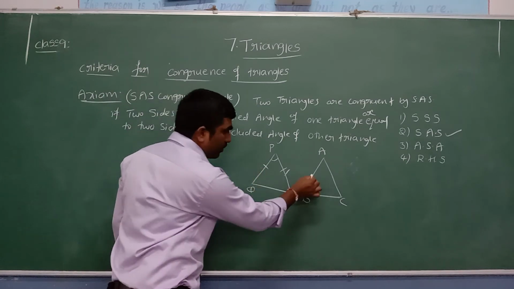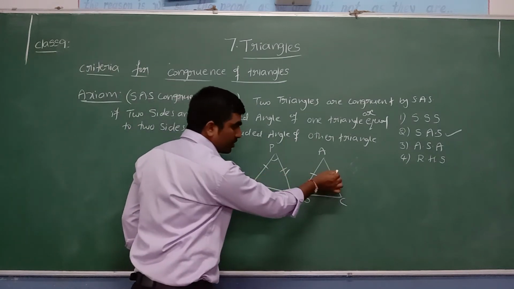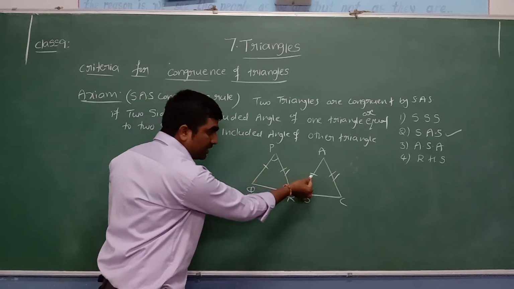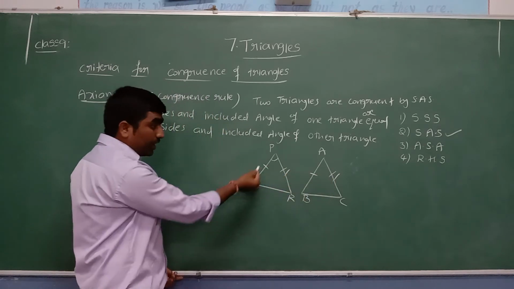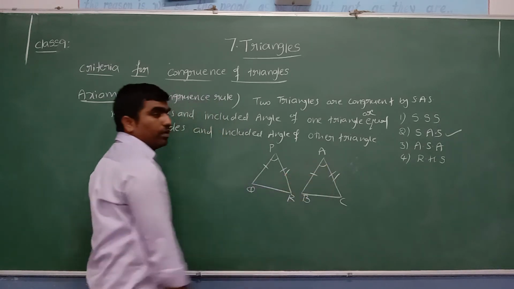See, PQ is equal to AB, PR is equal to AC. The corresponding two sides are equal and their included angle is also equal.